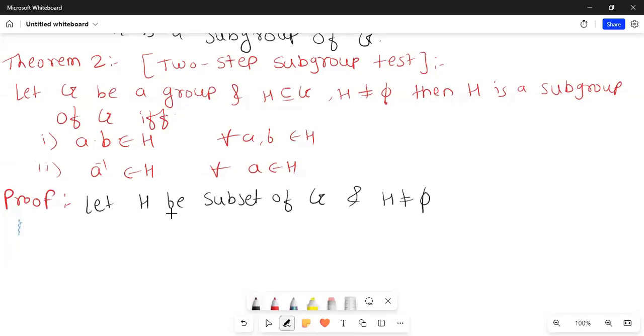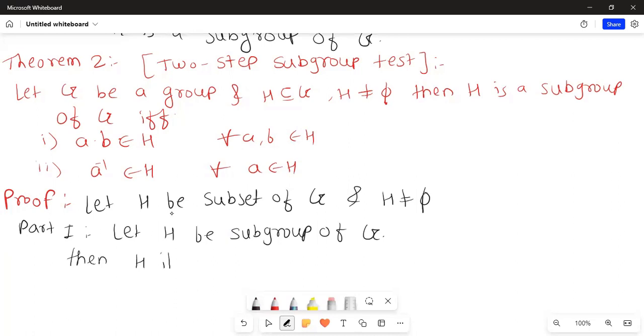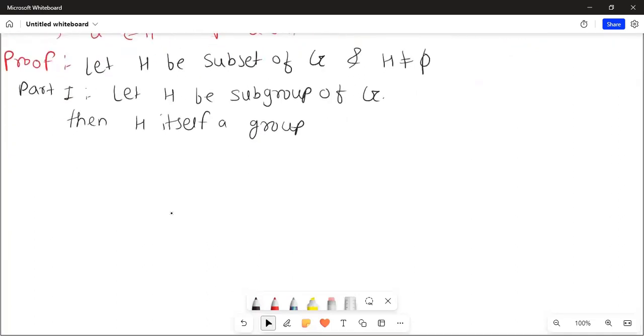Then first part proof करते हैं. Part first, let H be a subgroup of G. Then H itself is a group. Because H is a subgroup of G, then H is itself a group.